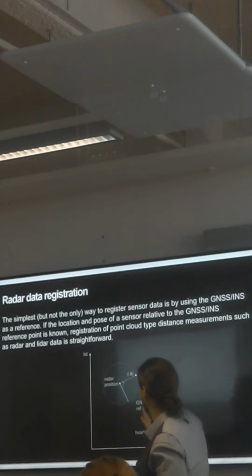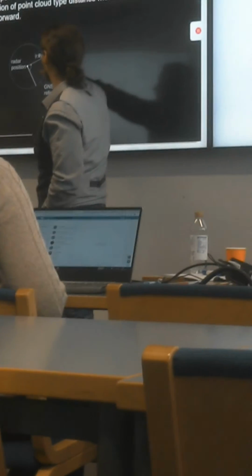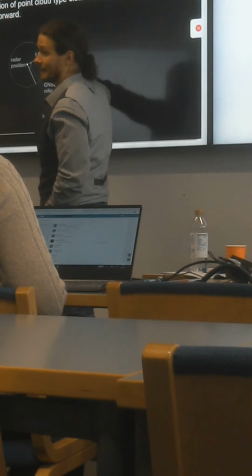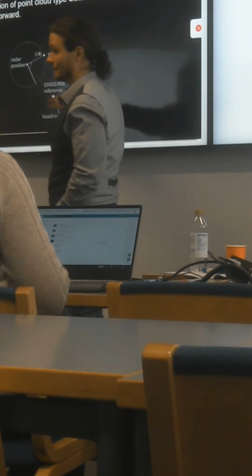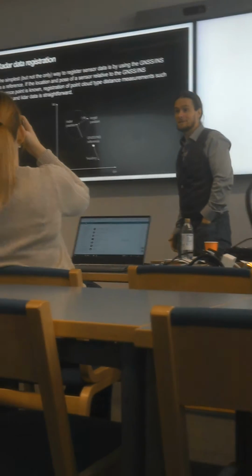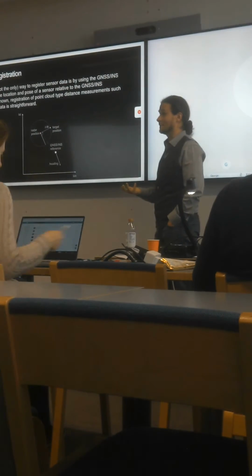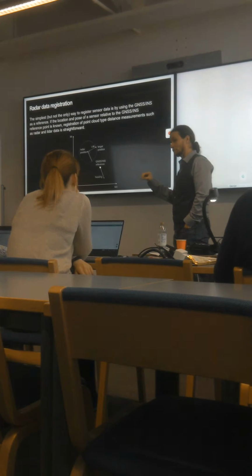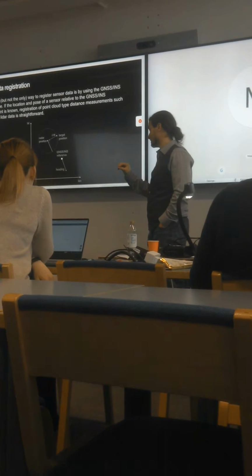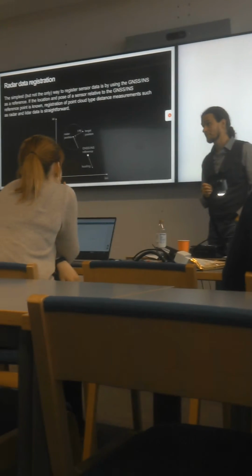You know its azimuth compared to this INS heading. Then it is quite trivial to say where in the world this target is, given that you know this INS heading. This is the basic principle of registration, where you have some location and pose reference. So it is actually rather simple.